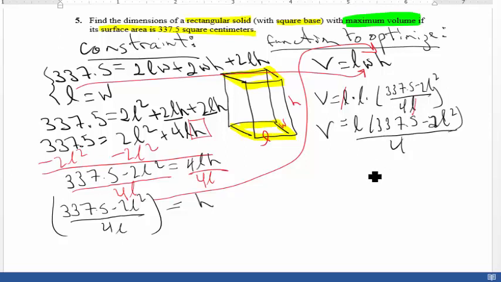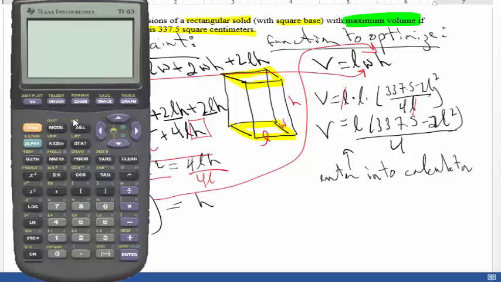But here we have no alternative but to take this function and enter into the calculator. So I've already done this. So if I go to my y1, you can see I've entered it as x times 337.5 minus 2x squared over 4.